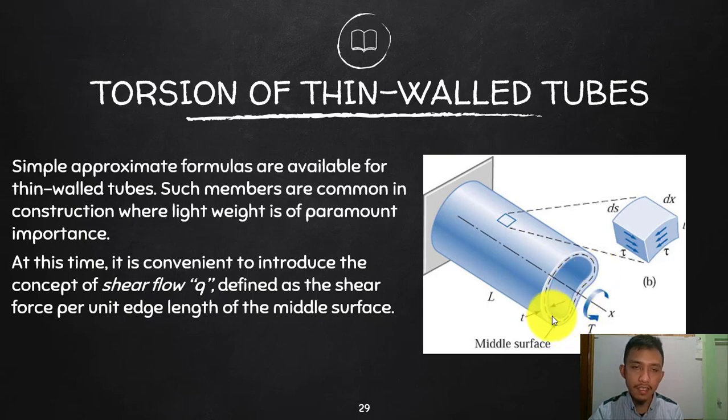Since it is very thin already, the difference of the radial distance of the points in this very thin material is not that big. So we can say that the entire stress for the entire cross section is uniform. So that is why it is approximate.